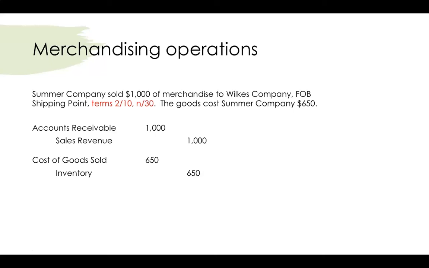They want to get payment from their customers as quickly as possible. So they're willing to dangle out there a 2% discount to their customer as an incentive for them to pay Summer Company faster. So that's what's happening there with those terms.